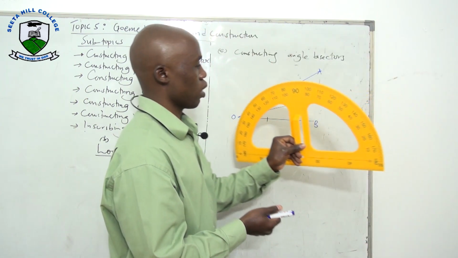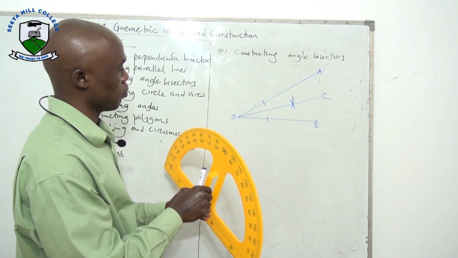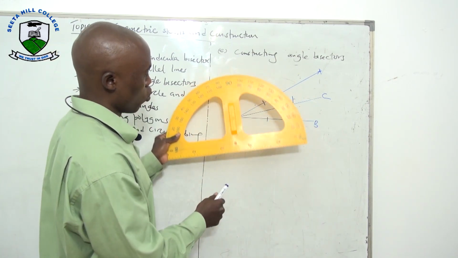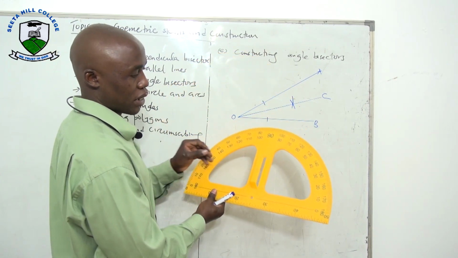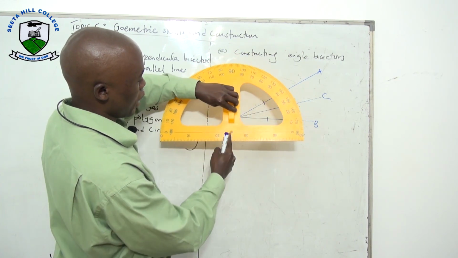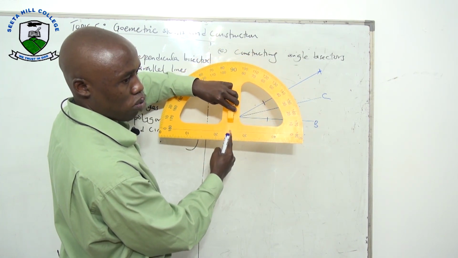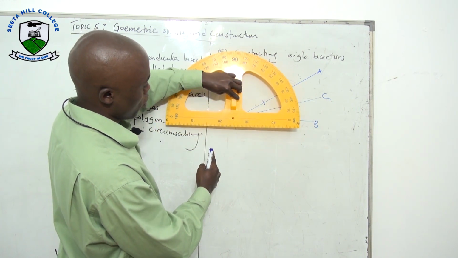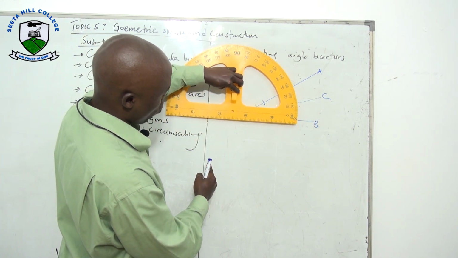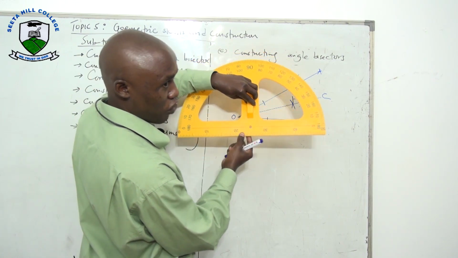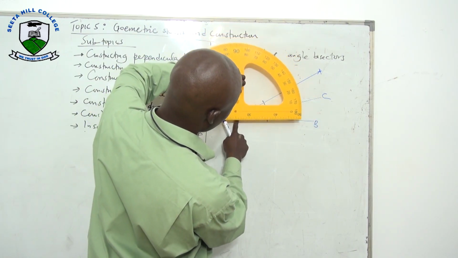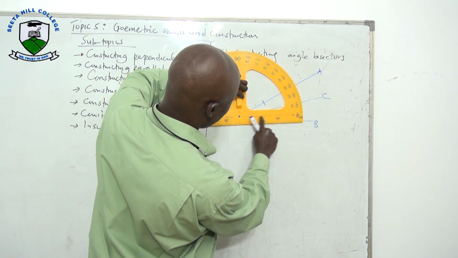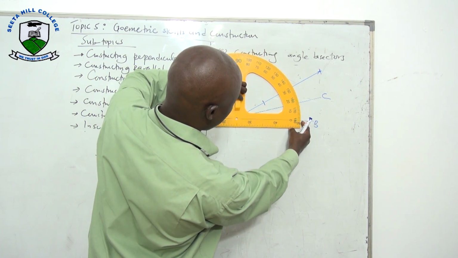Use a protractor. And yours is transparent, you ensure this middle is here. Mine has a hole to see through, but ensure this middle is here and this line lies along this line.